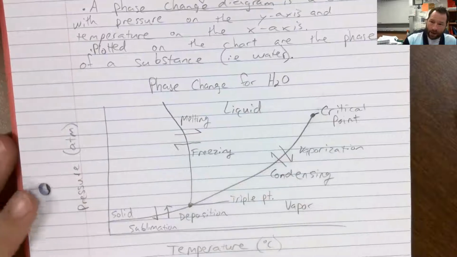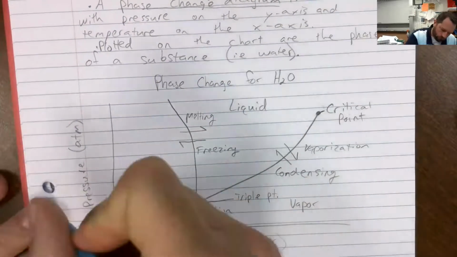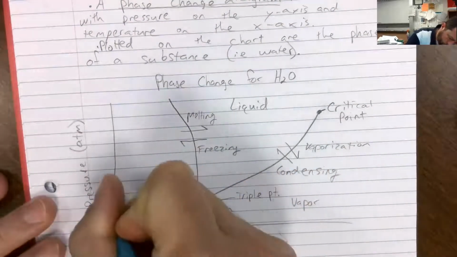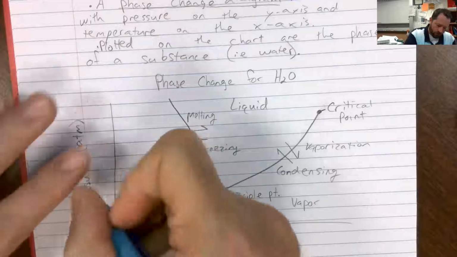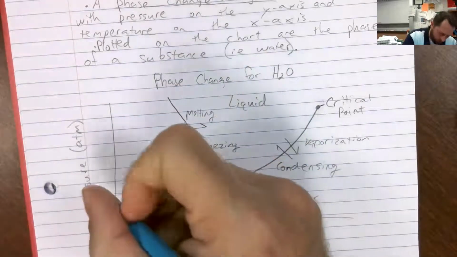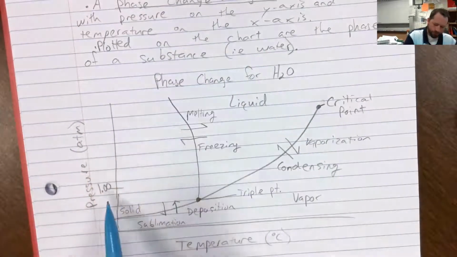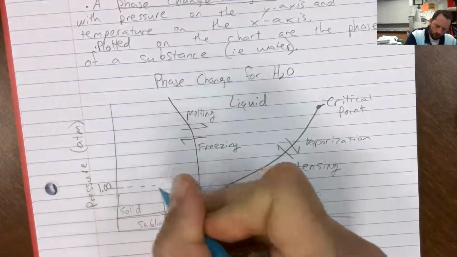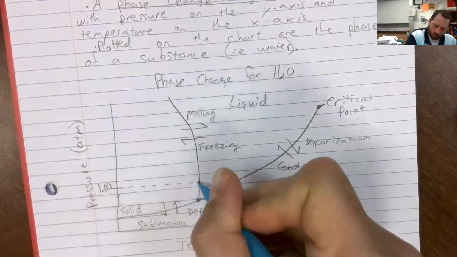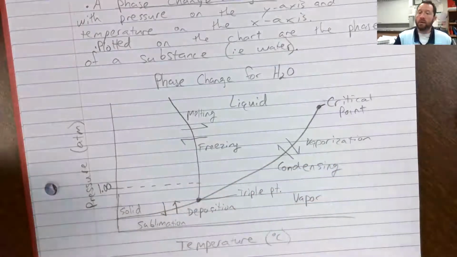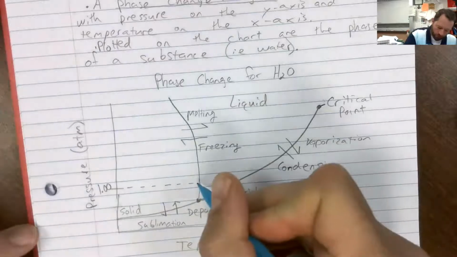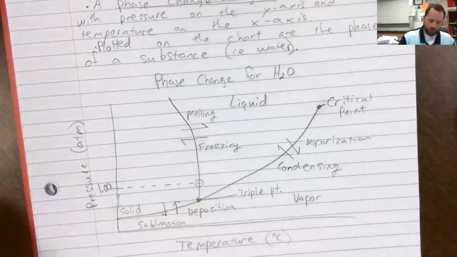One more thing I'm going to add. I'm going to go up a little bit higher than that. We call this 1 atmosphere. Oftentimes you'll be asked, where is the normal freezing point or the normal melting point?